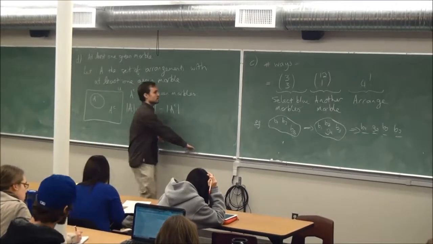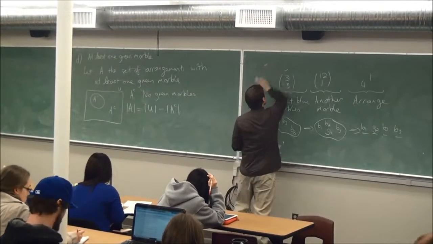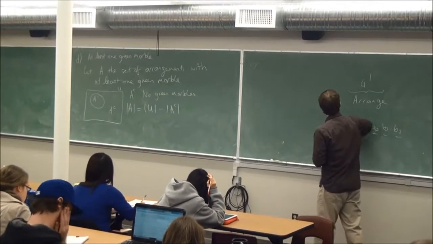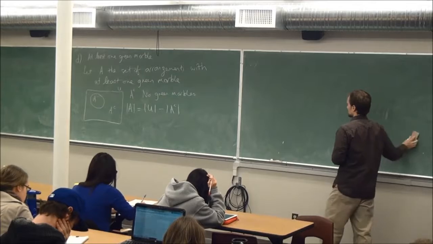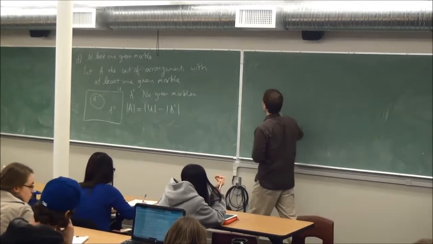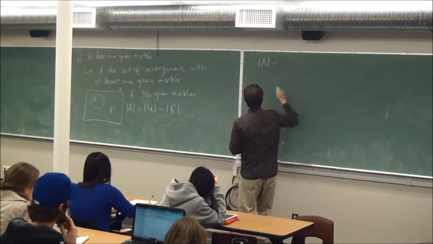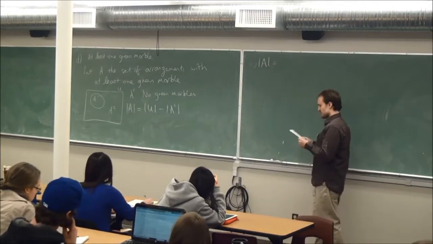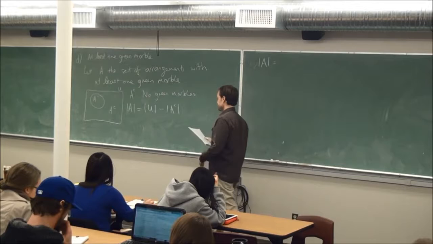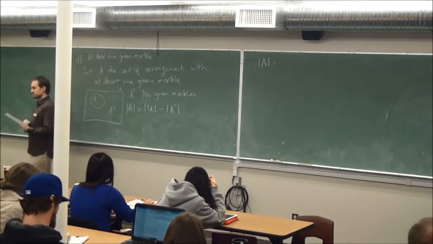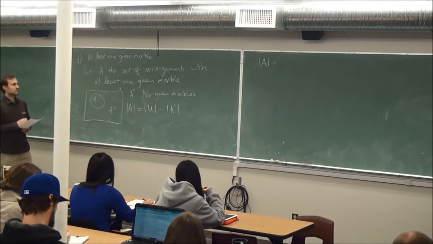Actually, let me do it here. So the universal set, that is the no restriction phase. I'm trying to count how many ways can I do this with no restriction. Did we do that already? No, we did not. How many ways can I make a sequence of 4 marbles and there's no restriction?